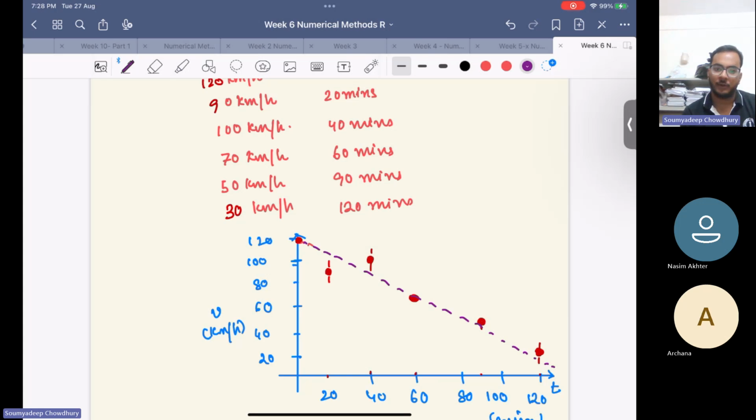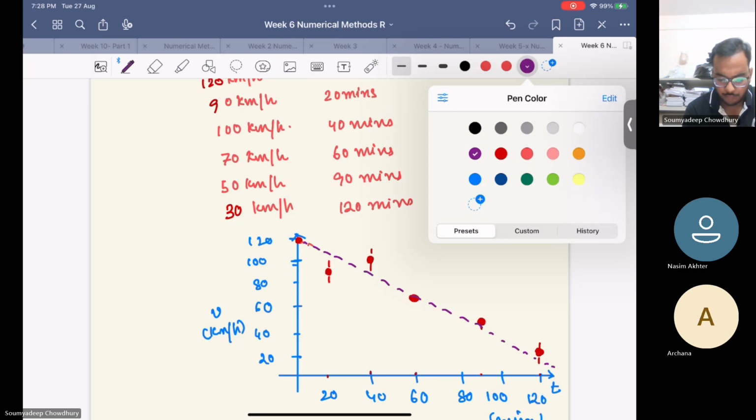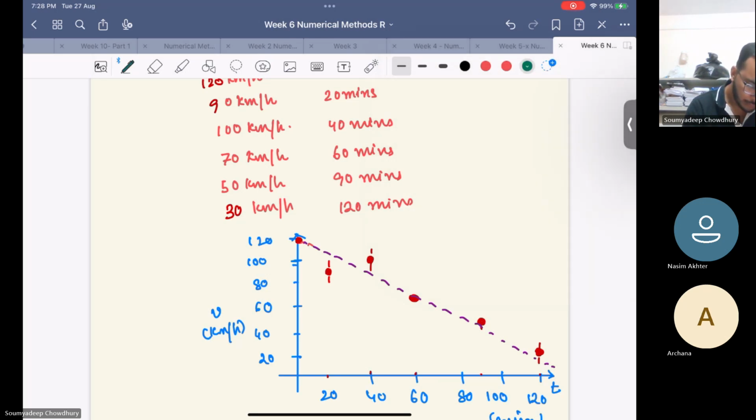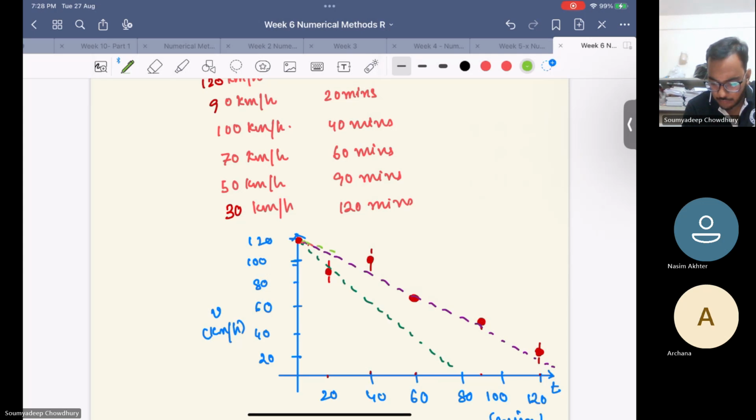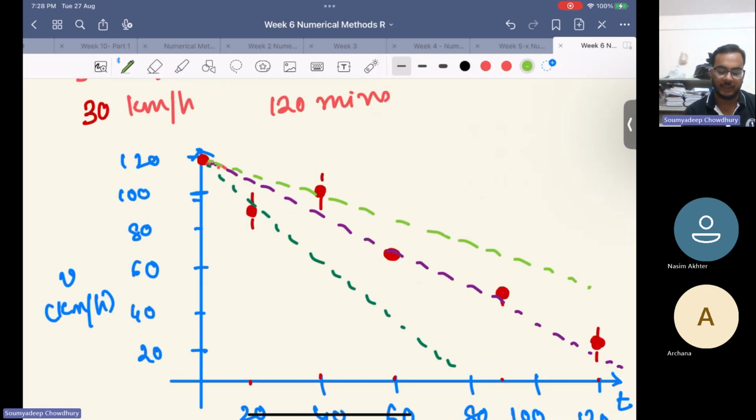Like this I can draw. Another straight line I can draw. Like this I can draw. Another straight line I can draw. So there are three different straight lines, right?